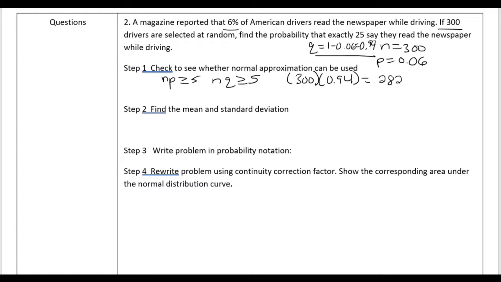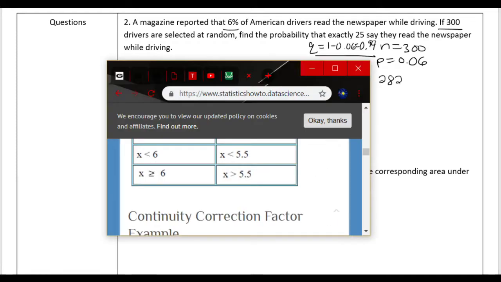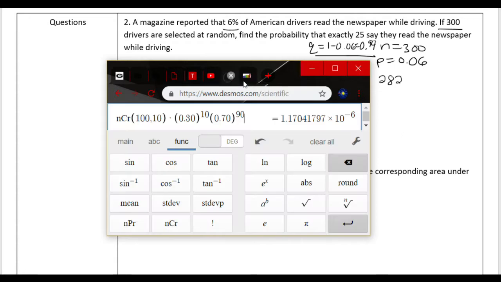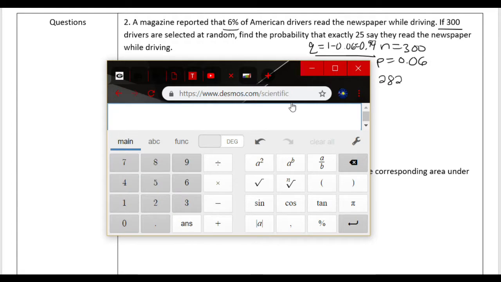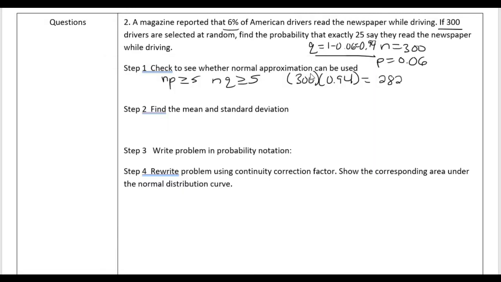All right, I'll double check that on the calculator now. Okay, so 282, and that is definitely greater than or equal to 5, so that checks out.